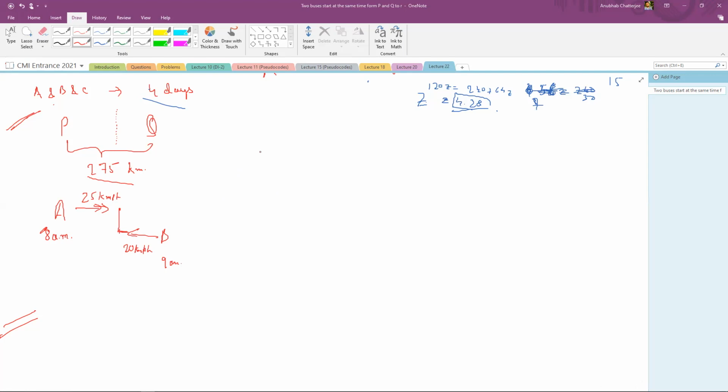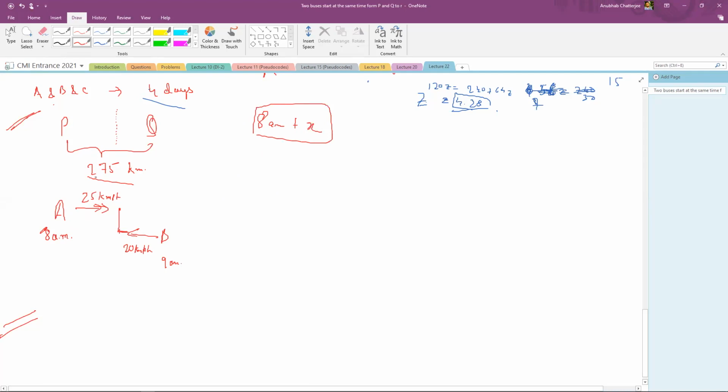Okay, so let's do it in the way people have done it. We'll take X as the number of hours after 8 a.m. that they meet, so 8 plus X will be the exact time. So let's say they're traveling for X hours when they meet.